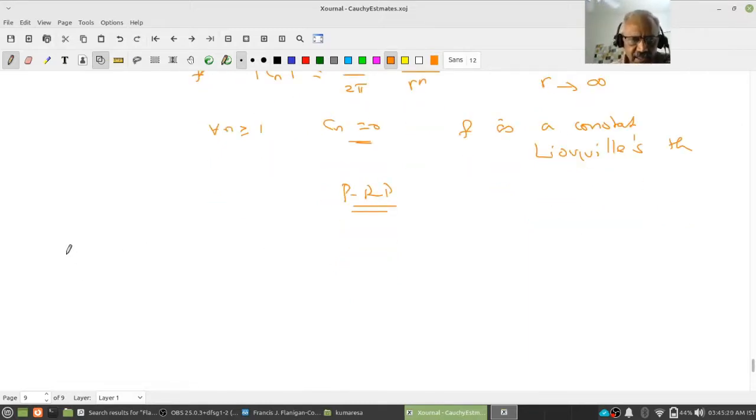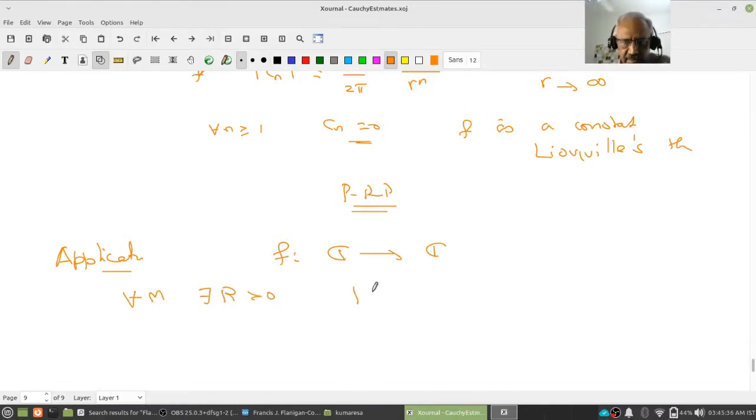Okay, another application. Suppose f again is an entire function from C to C. Now let me formulate it carefully.